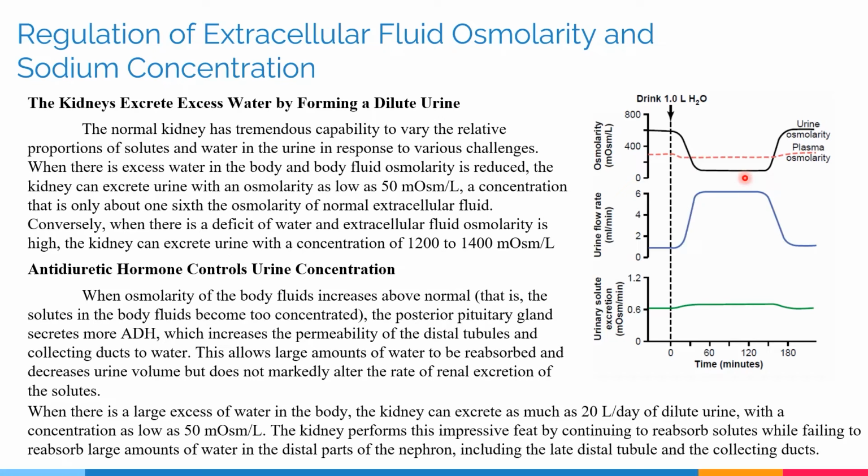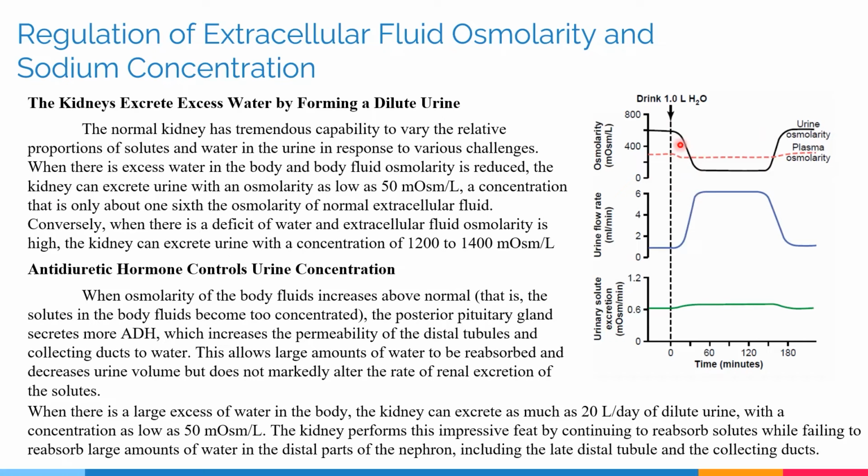This means that the plasma osmolarity and the extracellular fluid osmolarity can vary and can decrease. But instead, the kidneys control the urine osmolarity and allow a very low concentration of urine to be excreted, which maintains the plasma osmolarity and does not let it vary too much.